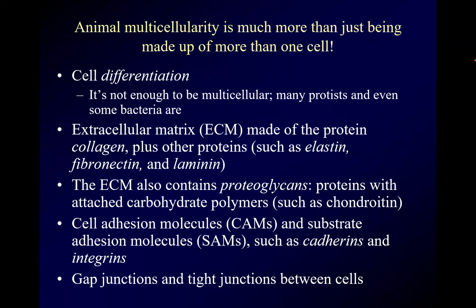These enable cells to hook together, and they're not just physical linkages, they're important in signal transduction as well. And finally, animal cells can be held together by tight junctions. They can also be held together by gap junctions, which allow ions to pass from one cell to another and allow cells to be electrically coupled. And we'll see these.